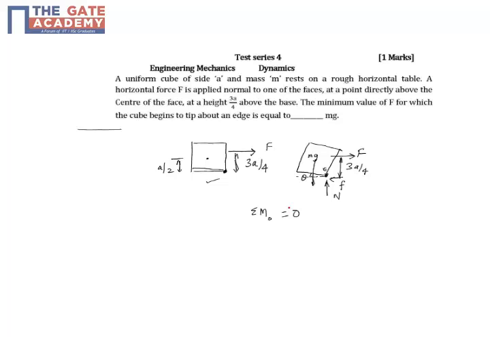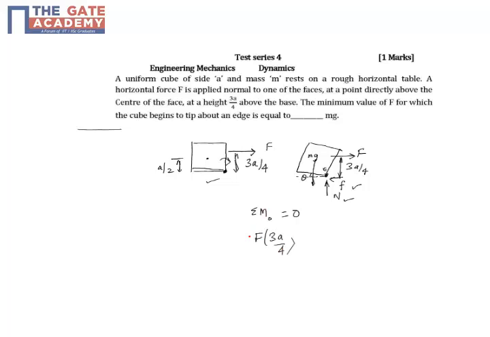So for the minimum value, I draw a free body diagram just when it is about to tip over, which is basically the right side figure, and then I balance the moment. When I balance the moment about O, the normal force and the friction don't come in because they pass through that point. The F will produce a clockwise moment, so F into 3a by 4.